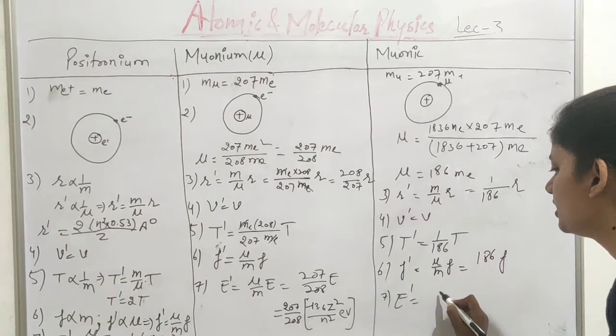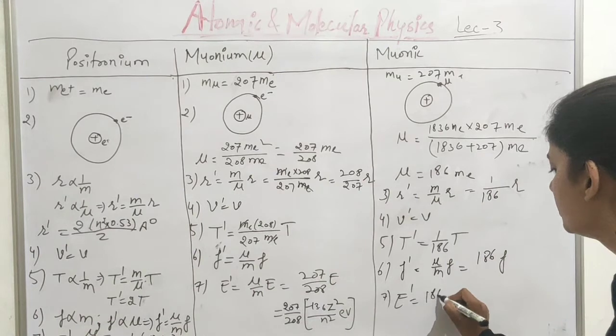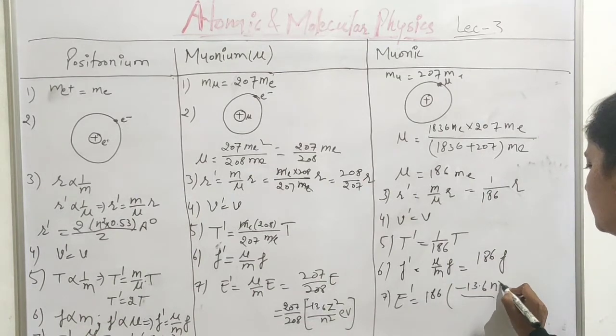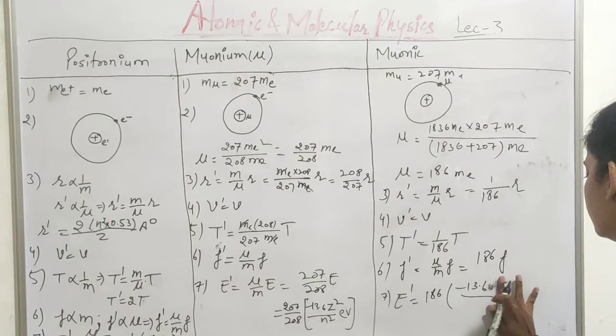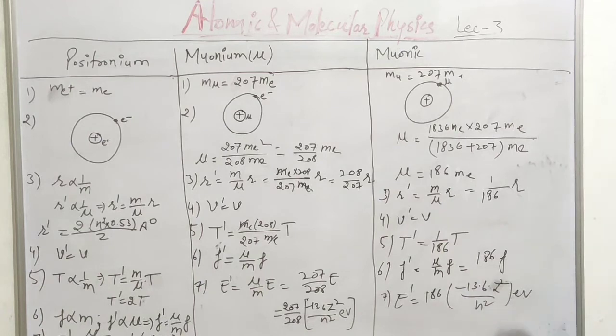The value of energy comes out to be mu over m, that is mu is equals to 186. So it becomes 186 times its energy. Sorry, z square over n square. This is z square over n square electron volt. So these are the data for muonic atom.